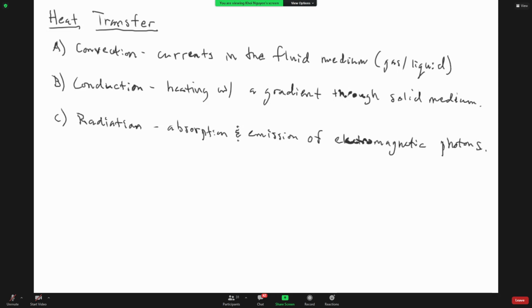So induction heating is a form of conduction in the end, because the pan itself is getting heated up, but it's getting heated up through an electromagnetic process of external magnetic fields inducing current inside of a paramagnetic element, right? When you cook with induction, you have to have a certain type of pan or pot or metal to do it. You can't just take any cast iron and throw it on and cook with induction.